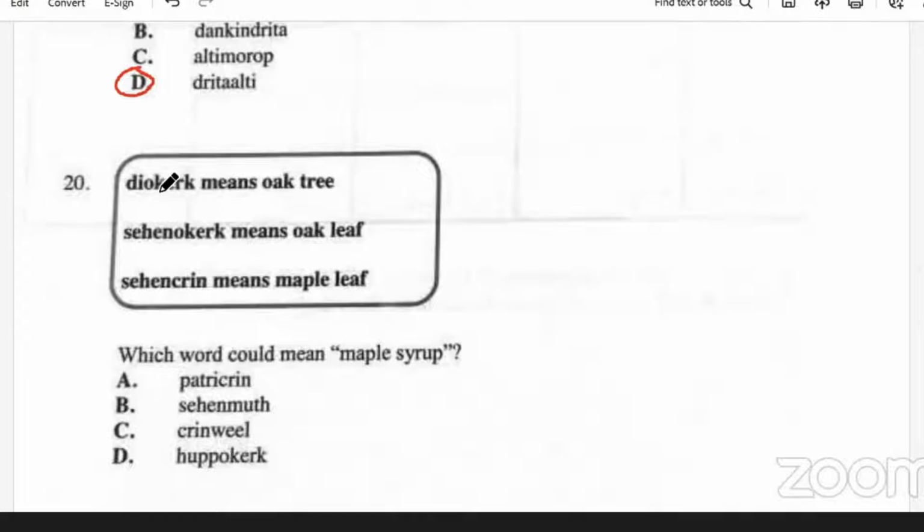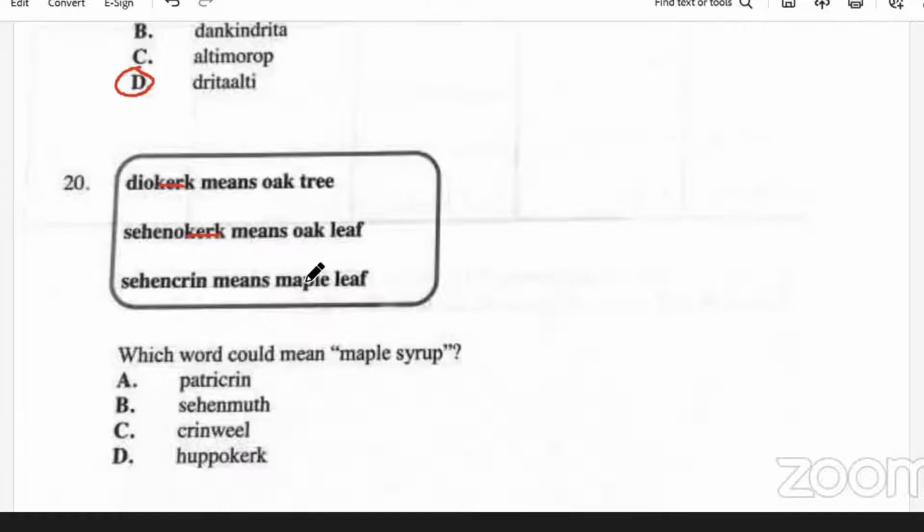And we see that oak is at the end of the word in the artificial language, even though it's at the beginning of the English translation. So we see now that the words would be written in the opposite. Okay, so the first word is last, the last word is first.